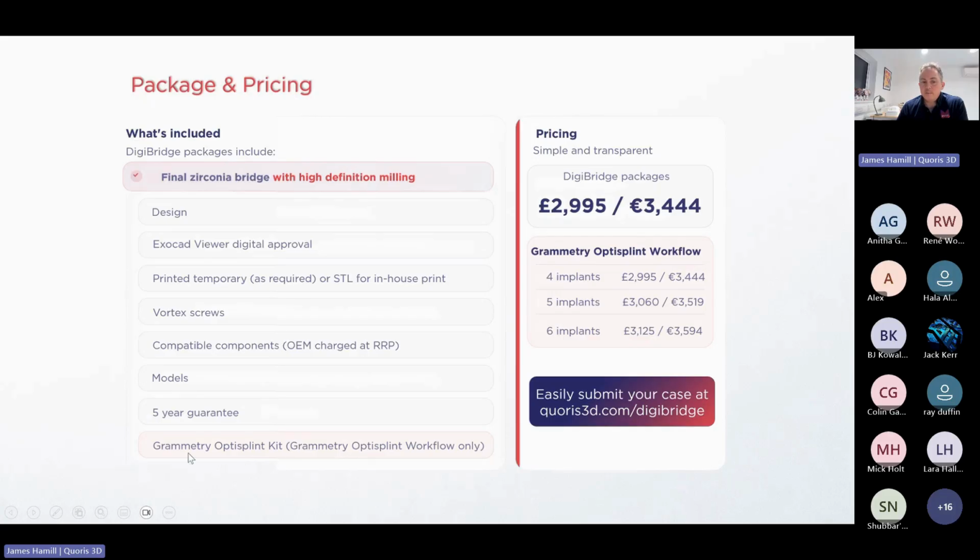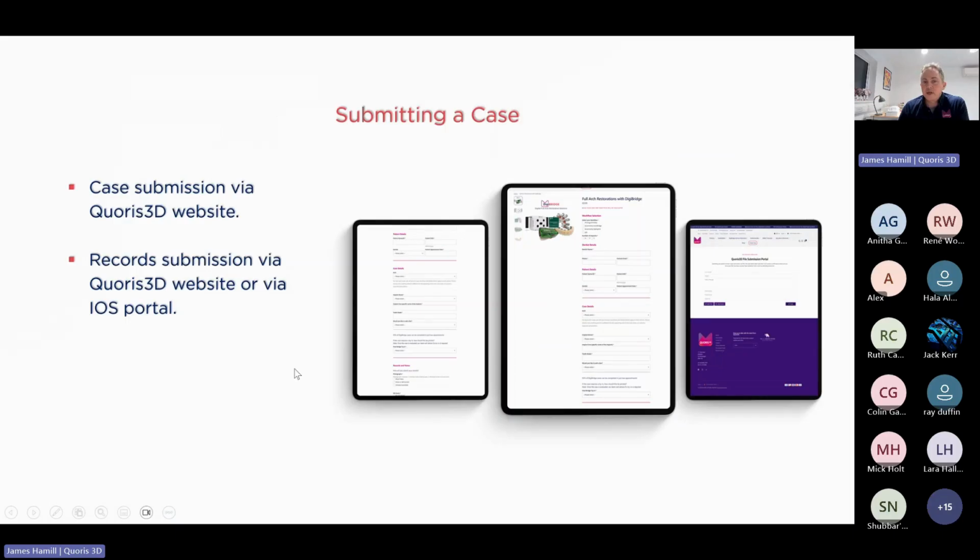And if you use the OptiSplint kit, so photogrammetry OptiSplint, that is also included in the price. The only slight difference is dependent on the number of implants. And that just simply goes up by, I think it's £65 per implant. Okay, so it's a fixed price. We've also then been able to create a dynamic web ordering process for this.